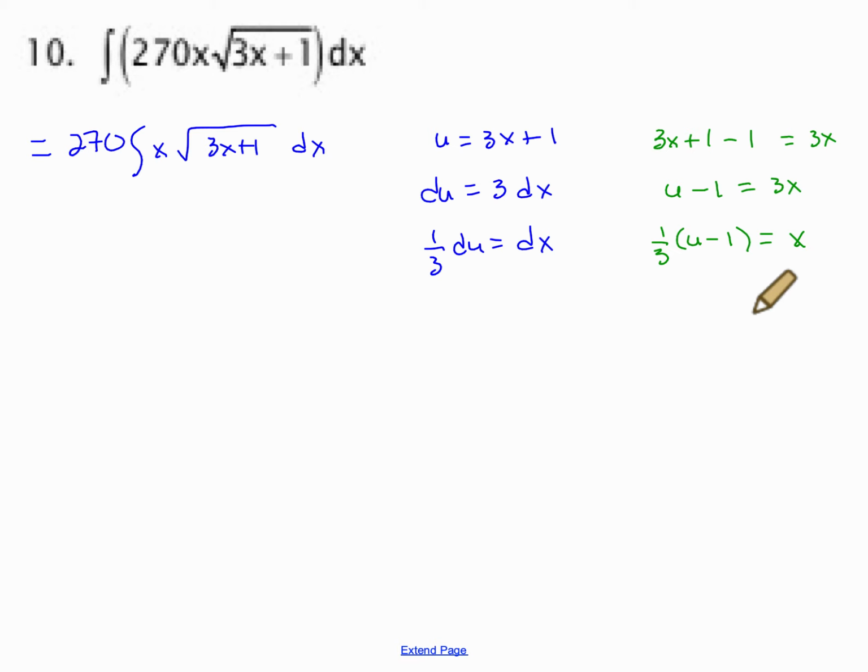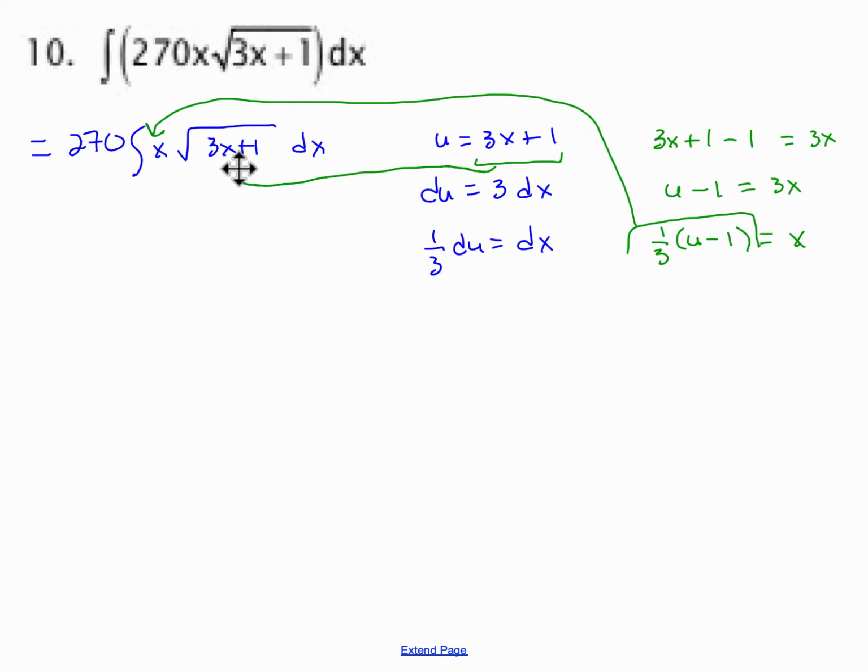So in other words, we are going to take 1/3 of u minus 1, and we're going to put that in for x. And then, of course, u equals 3x plus 1 is going to go here. And then we have the pesky dx.